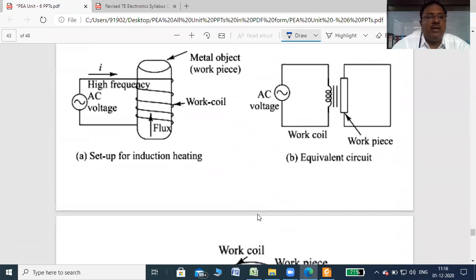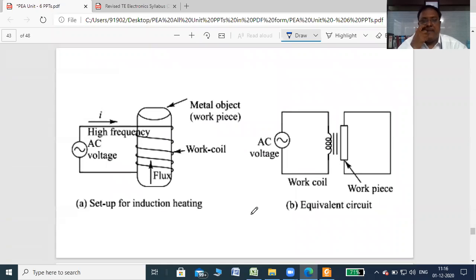Then we have seen induction heating. A very simple concept: high frequency, or even simple 50 hertz voltage, if you apply it to the coil, then a magnetic field is produced in the coil, which is transferred mutually into the metal piece, that is a metal object, right?